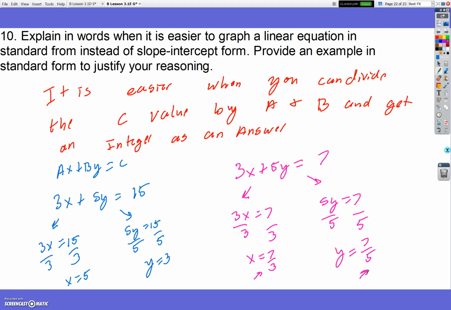These are very difficult to see with an x and a y-intercept, whereas the blue example would be an easier thing to see. So what all these words are saying is I would choose it when the example looks more like this, when I can divide the c value by the a and the b value. It would not be easier when it looks like this.